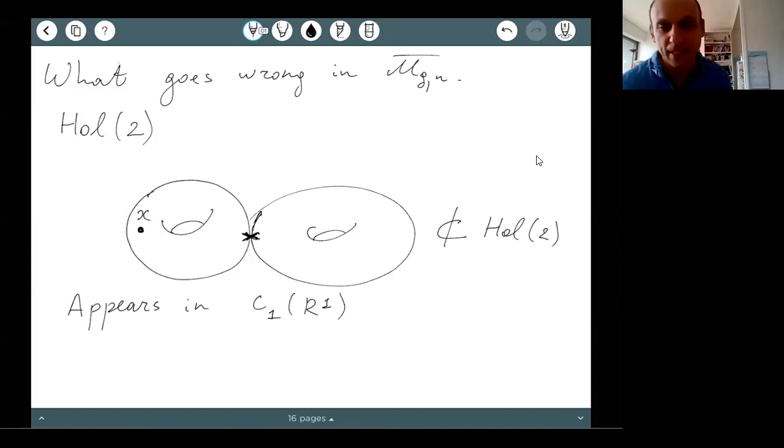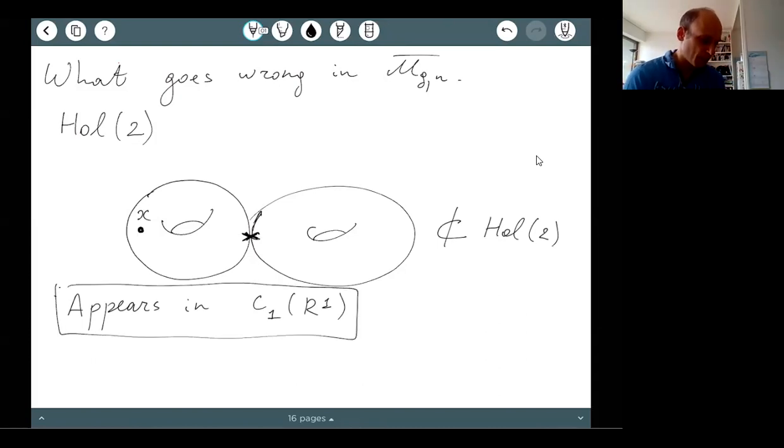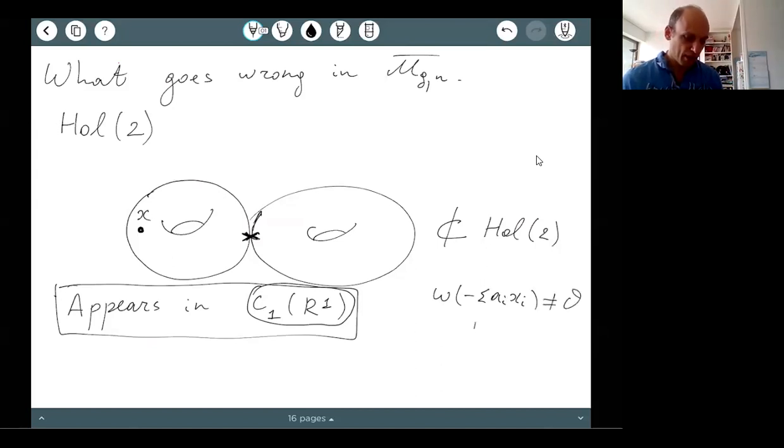Computation. So let's try to understand both points. Why it appears. So let's first understand why it appears in the computation of C1 of R1. So remember how I reasoned when I proved that this thing vanishes away from the holomorphic locus. I said away from the holomorphic locus, this twisted omega is not the trivial line bundle, so it has no sections.